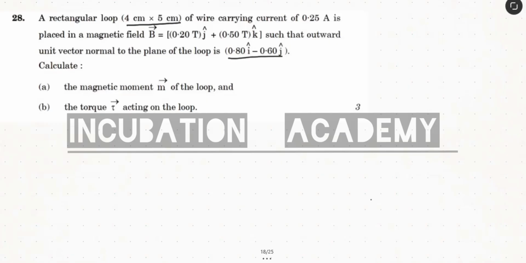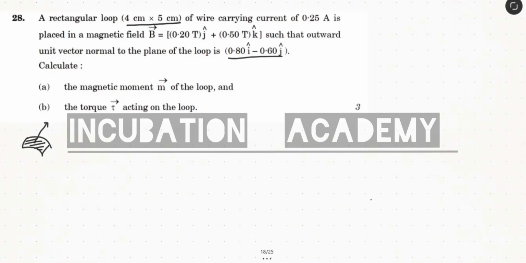Let us say this is the area, and the normal is drawn perpendicular to the plane. Here a rectangular loop is taken, and obviously its length and breadth are given.